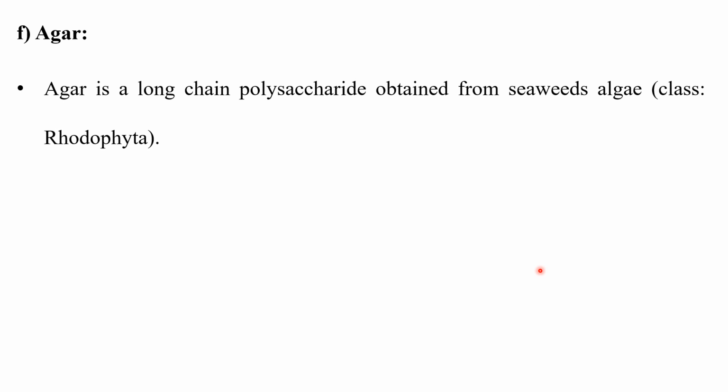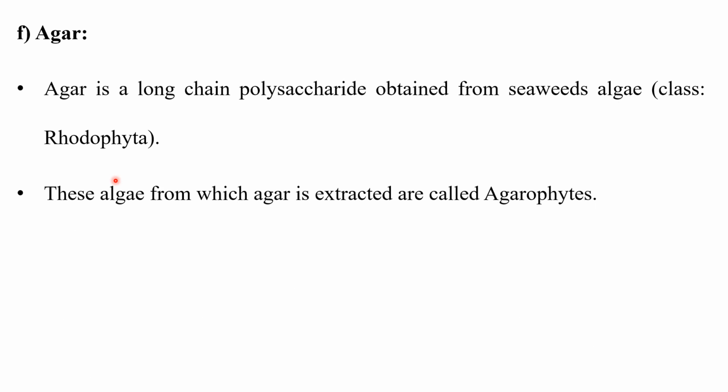Next one is the agar. Agar is the most important chemical constituent in the preparation of solid media. Agar is a long-chain polysaccharide which is mainly obtained from seaweed algae belonging to the class Rhodophyta.